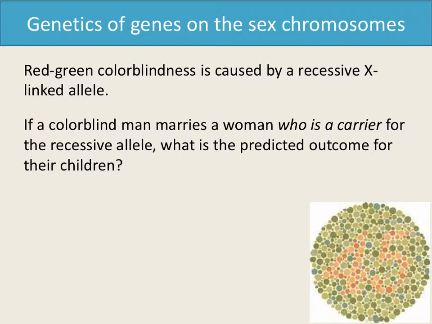And if a female has an X that's a mutant X, she herself will not show color blindness. But if she donates it to a male, that male offspring will. So if a colorblind man marries a woman who is a carrier for the recessive allele, what's the predicted outcome for their children?